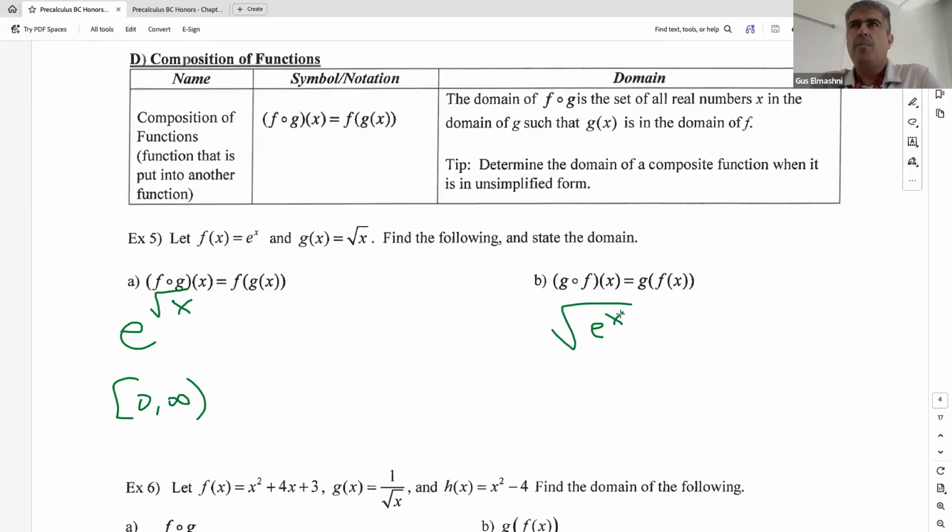The bottom line is, can the range ever be negative for e to the x? No, never. Never for an exponential unless you put a negative out in front. So can e to the x ever cause a problem for this radical? No, never. So it's gonna be all real numbers, right? So it's all real. Again, we're doing this without a calculator. We don't need one. We want to think deeply about these functions.